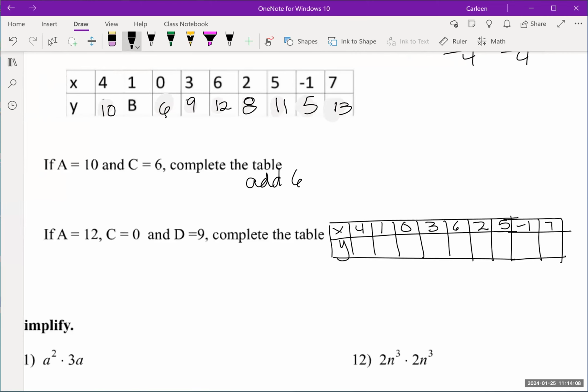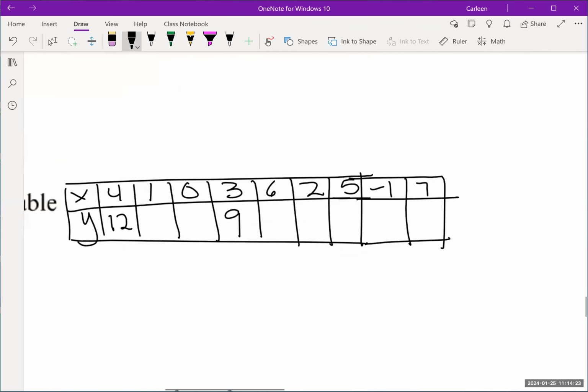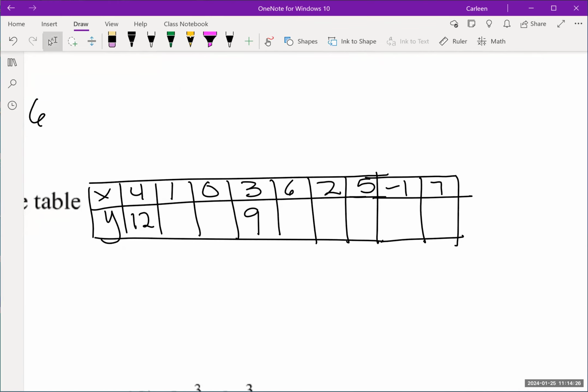Okay. A is 12, D is 9. A is 12, D is 9. All right.